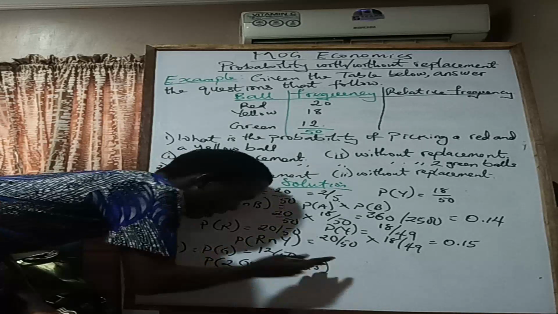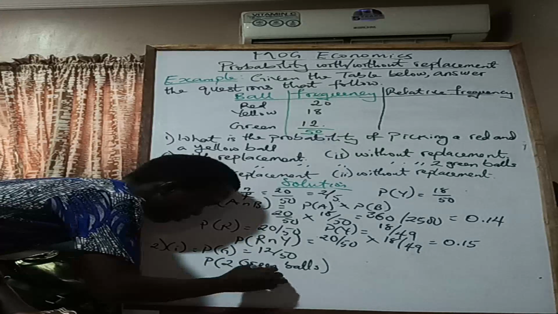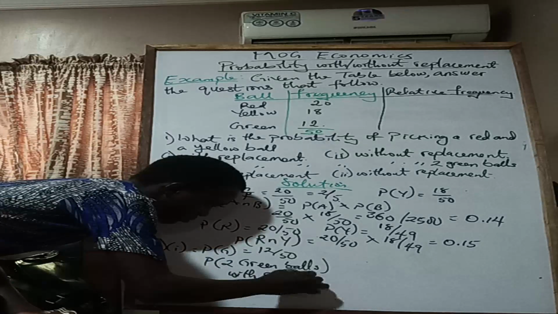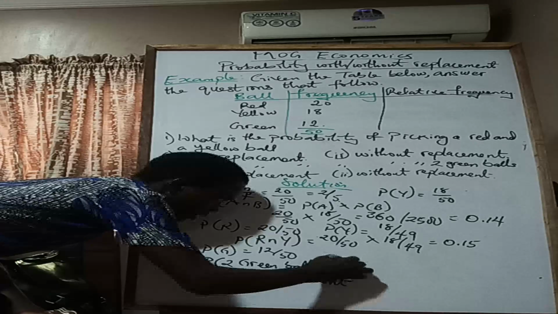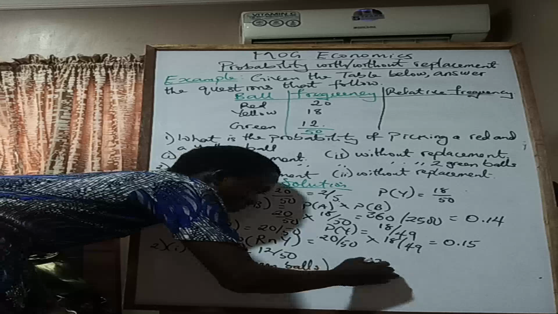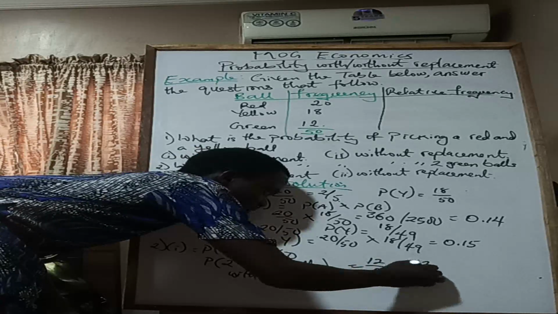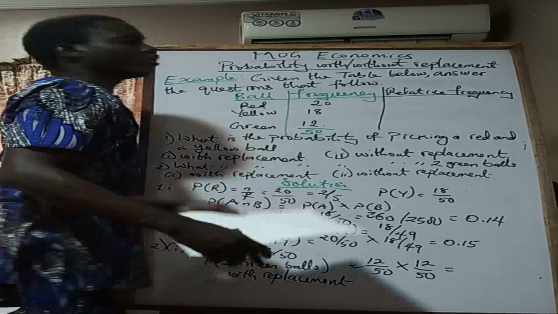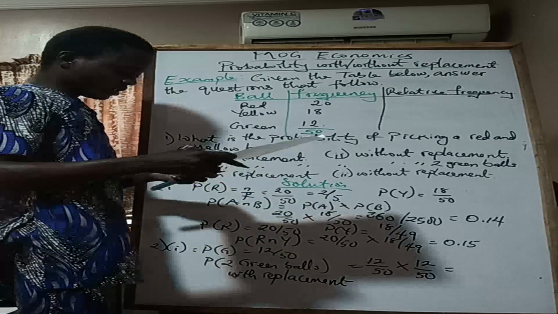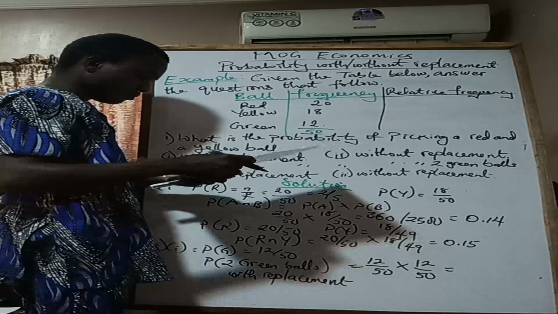with replacement equals 12 over 50, then multiplied by 12 over 50. So 144 over 2500, and then that will give us 0.06.